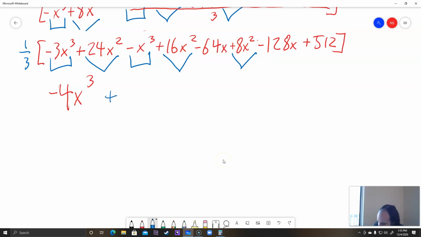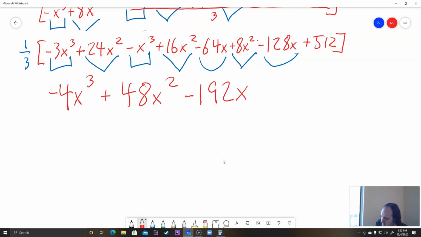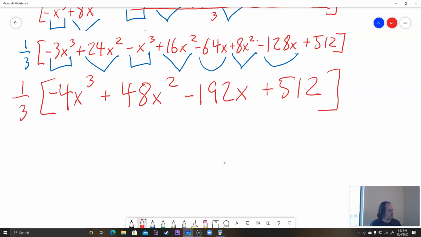Yeah, so we have plus 48x squared. And then we have the x's. So we've got negative 64x minus 128x. That's still going to be negative 192x. And then we have plus 512 at the end. But now we have a 1/3 out front. Okay, and I think that's pretty close to what they had.